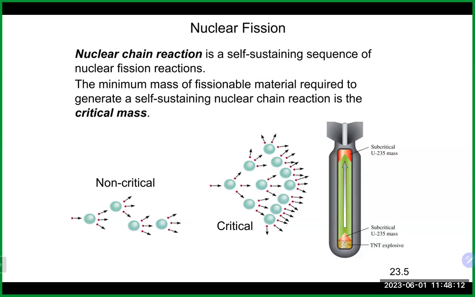If you have the right amount of some type of fissionable product to start with, this reaction will continue to grow. If you think about what we saw a second ago, one way you could start this reaction is to shoot a neutron at uranium, and that gets you your new nuclei and some neutrons and some energy.